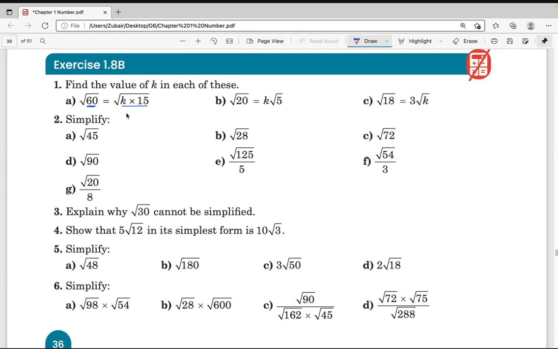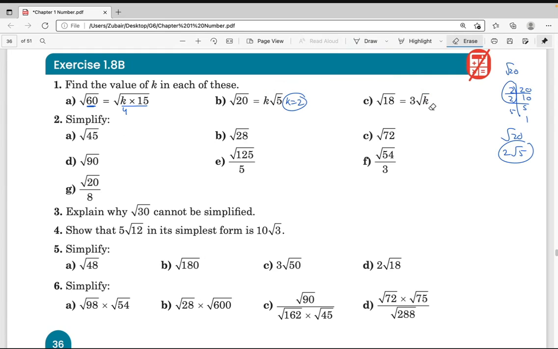So k is 4. 4 into 15 will be 60. Right hand side, B part, that is square root 20, and we know 20 is 2, 10, 2, 5, 5, 1. So if I write square root 20, this is pair of 2, I can write 2 square root 5. So what is k? 2. So k in this case is 2.